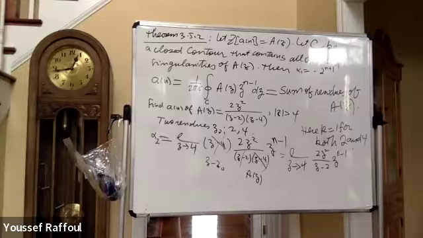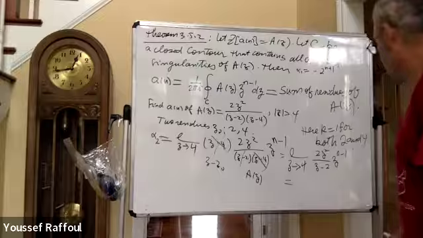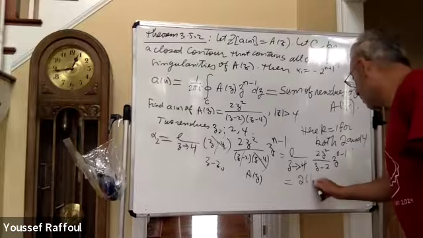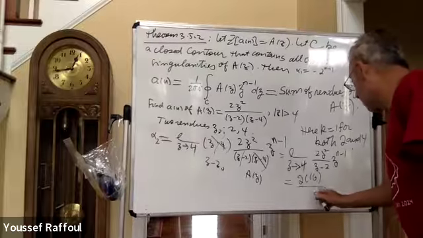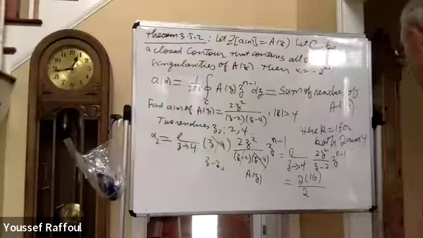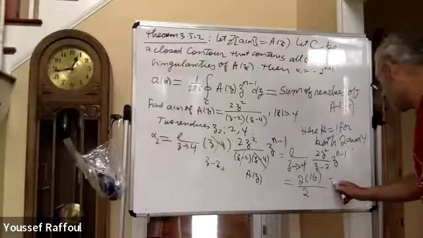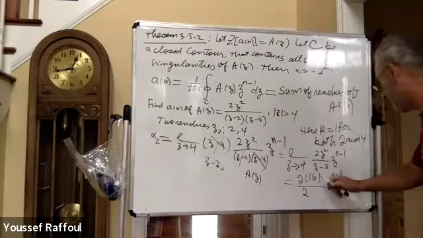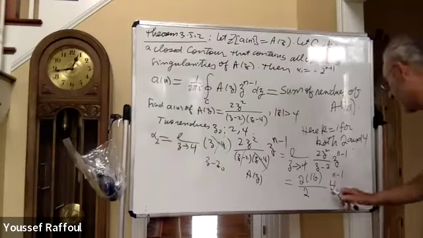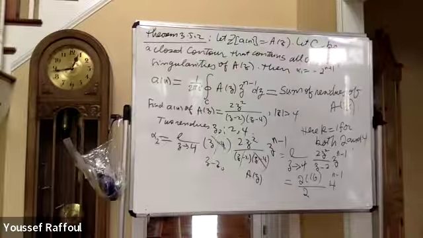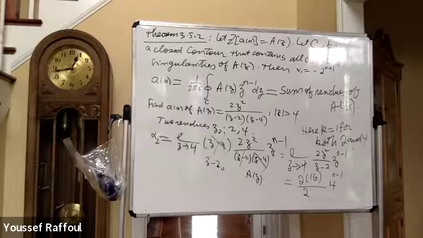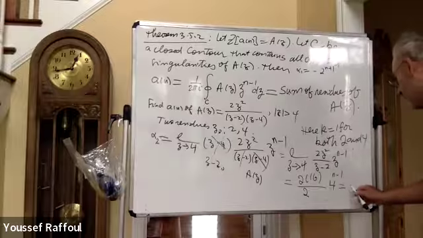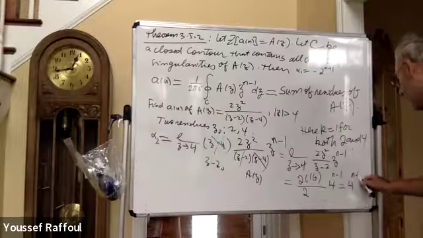Is that good? So that is 2 times 16 over 2 times 4^(n-1), correct? And that is 4 to power n plus 1.